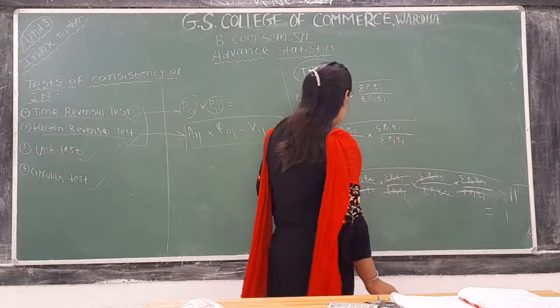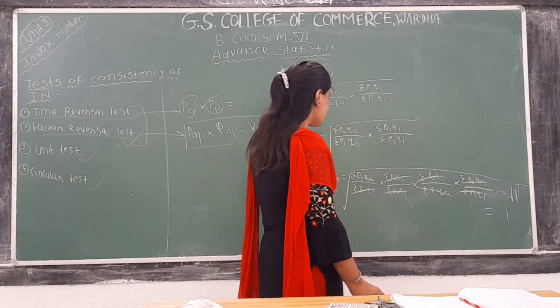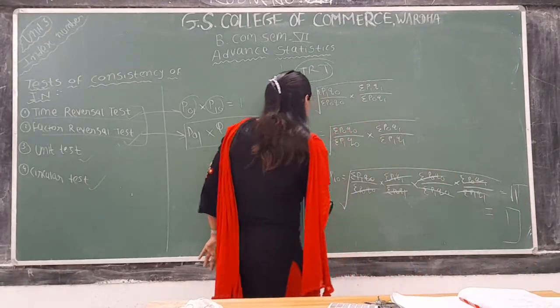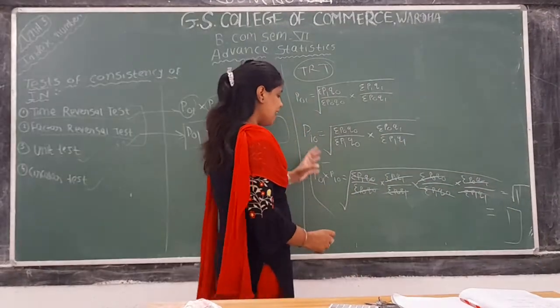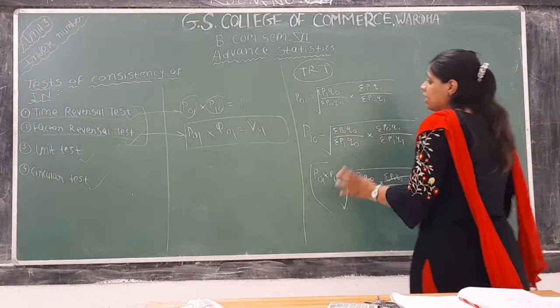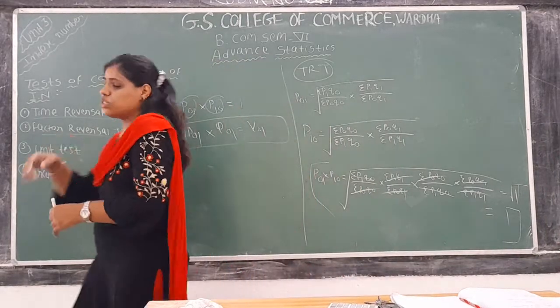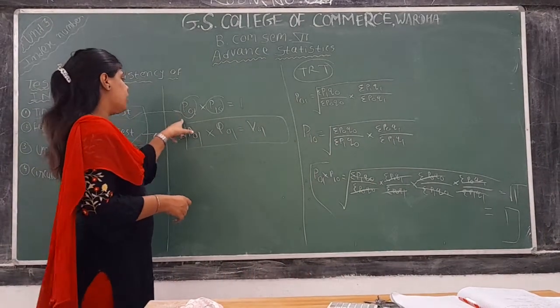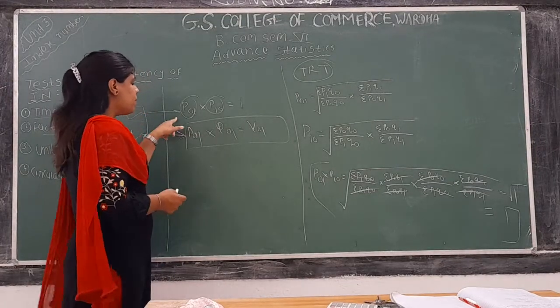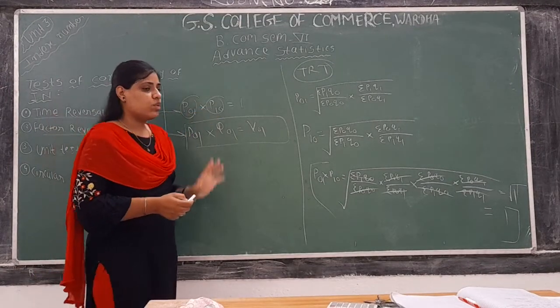So here P01 into P10 is equal to 1. When we compute the index number and that index number satisfies this condition, we say that the time reversal test is being satisfied, and that is why the condition to satisfy the time reversal test is P01 into P10 equals 1.